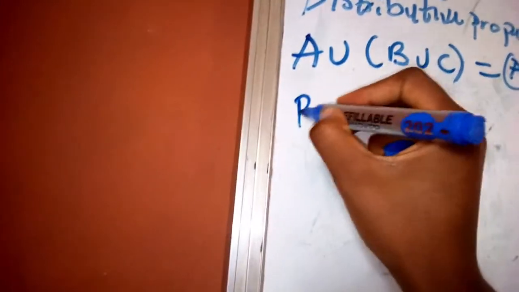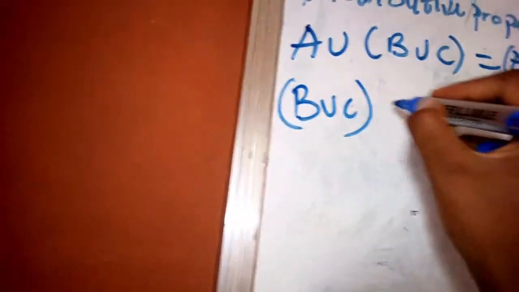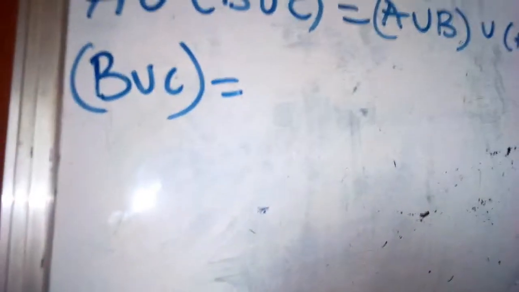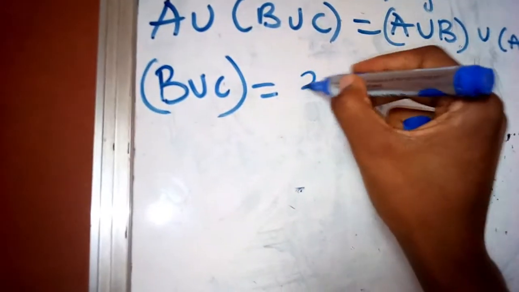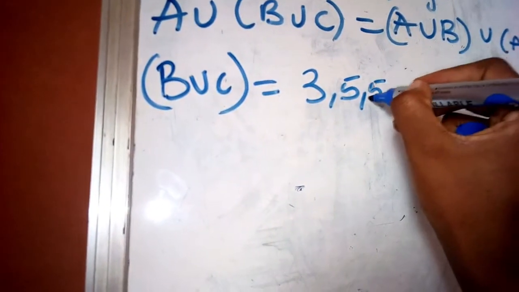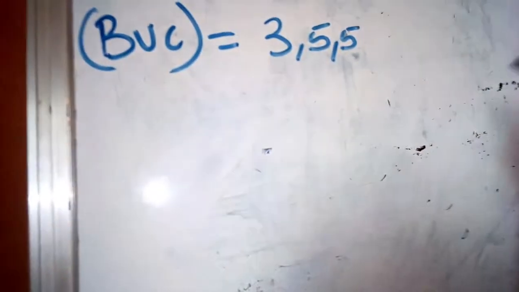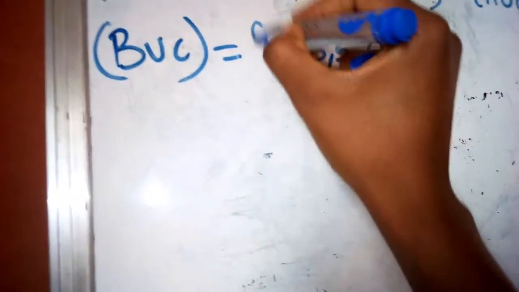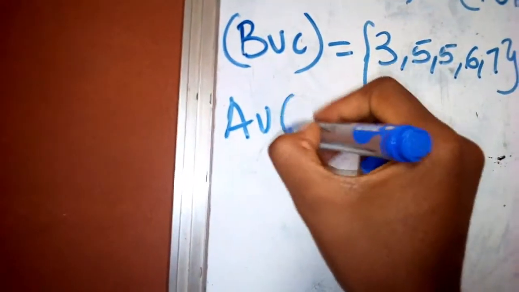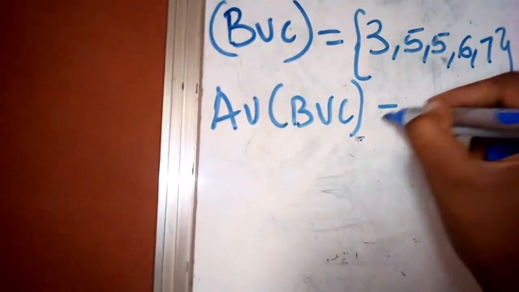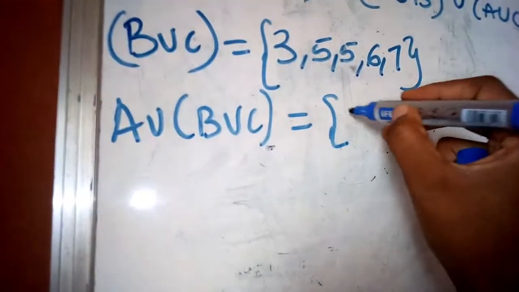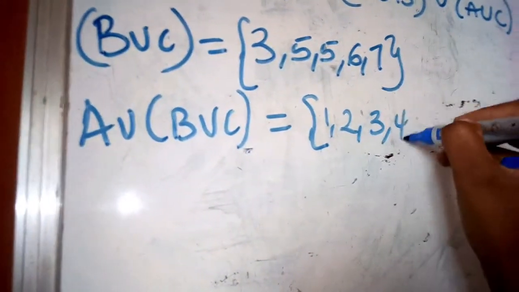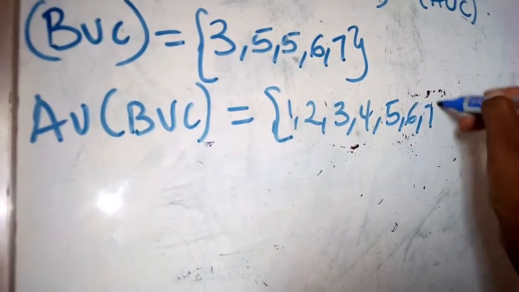So B union C, we start with the bracket. I think we already did our B union C, so we just copy it. B union C equals 3, 4, 5, 6, and 7. And A union (B union C), we've done it also, so we just copy, which is 1, 2, 3, 4, 5, 6, and 7.